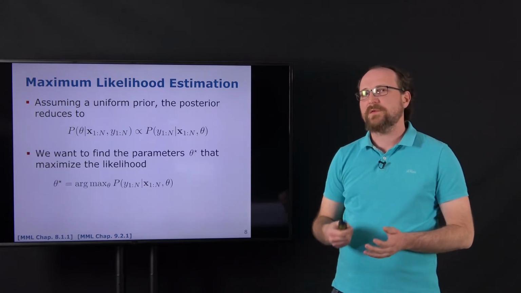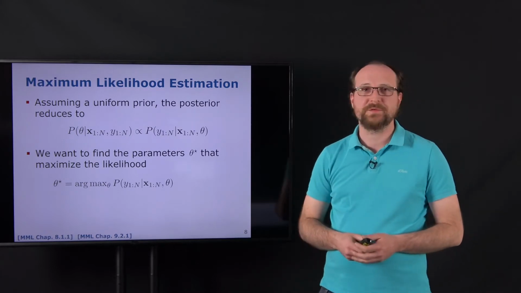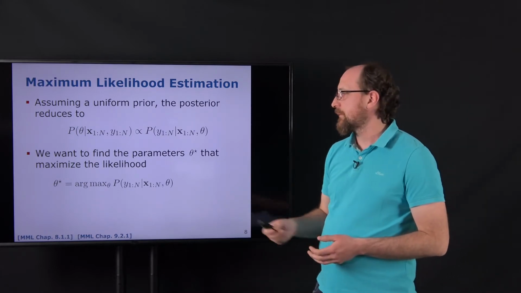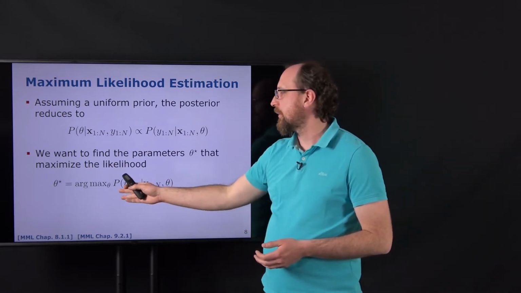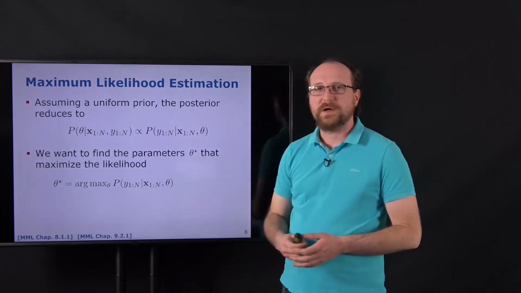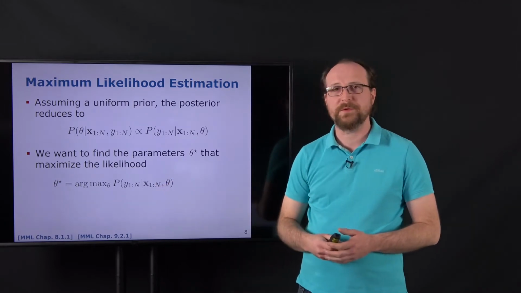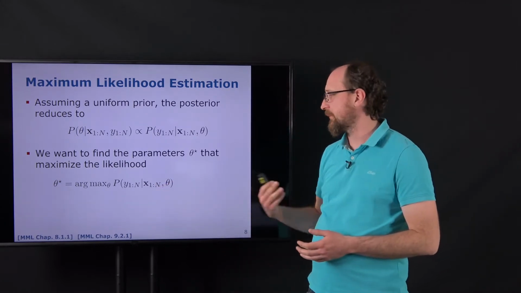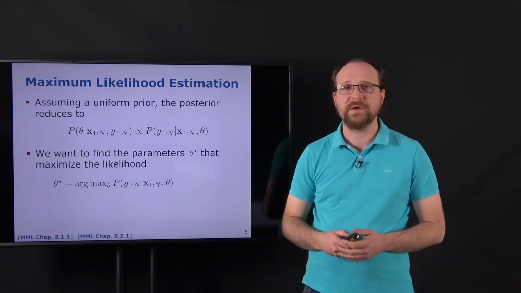We now want to find a specific parameter, theta star, which maximizes the likelihood. This comes to the problem that we have the argmax over all possible thetas of the likelihood over all targets, given all training feature vectors and given theta. And this is what we want to maximize in the end.